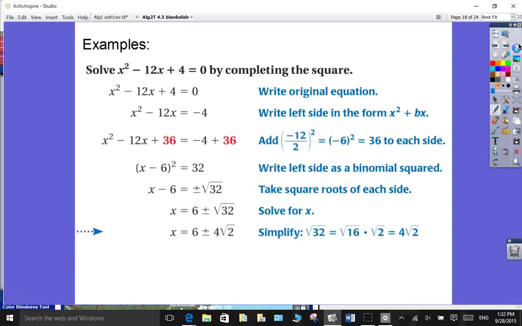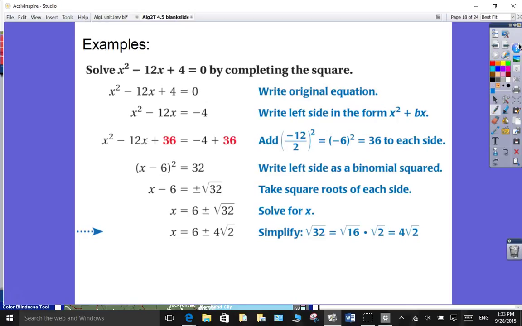Now, looking at just these two terms, x squared minus 12x, what do you need to add to complete the square? Take half of negative 12 and square. Half of negative 12 is negative 6. Negative 6 squared is 36. So you add 36 here to make a perfect square trinomial.